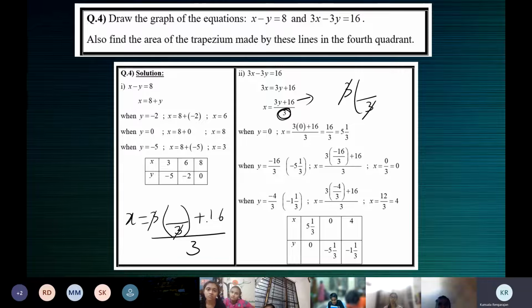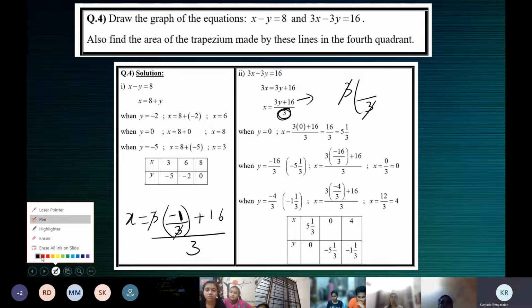Now 16 minus 1 is 15, so you can take minus 1 by 3 also. Yes or no? Because 16 minus 1 is 15, and 15 by 3 is 5. You can take that. Or 16 minus 2 is 14; 14 by 3, no, we don't want. And if you take minus 3 by 3, 16 minus 3 is 13; 13 by 3, we don't want. So I have taken 4. You can even take minus 1 by 3.